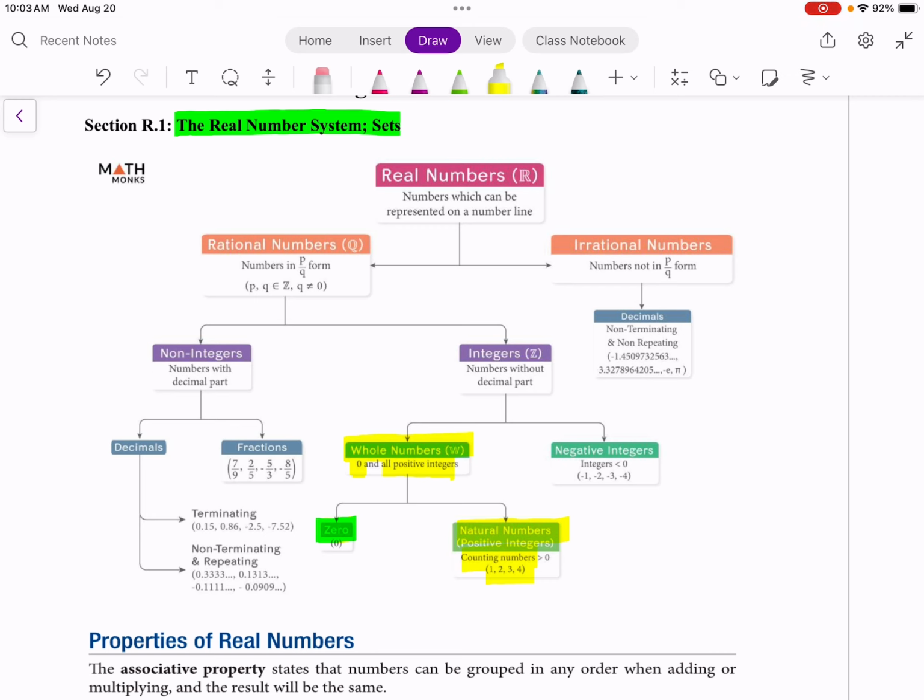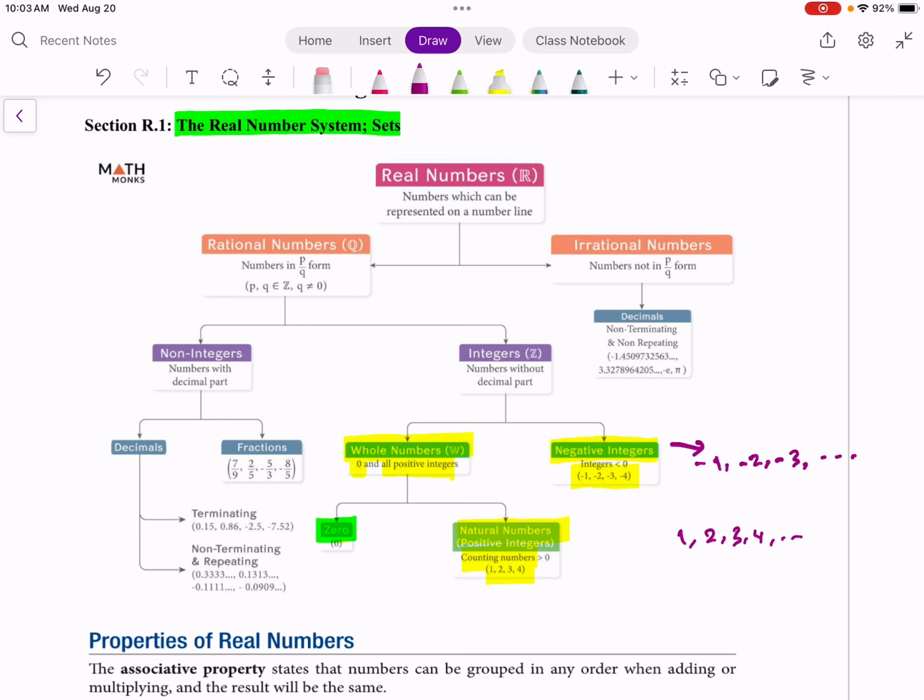We do have counting numbers in negative. Okay, so we have -1, -2, -3, -4, which are less than 0. We call these numbers negative integers. Okay, so -1, -2, -3, and so on, these are negative integers. And we have positive integers, 1, 2, 3, 4, positive counting numbers.